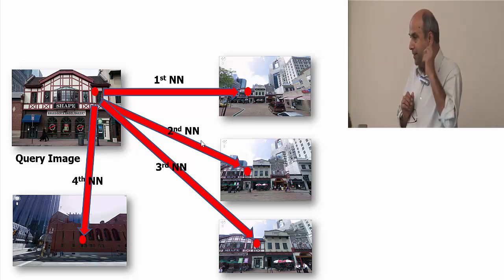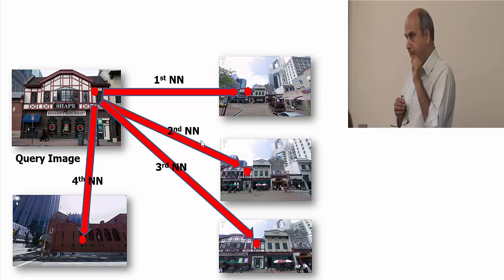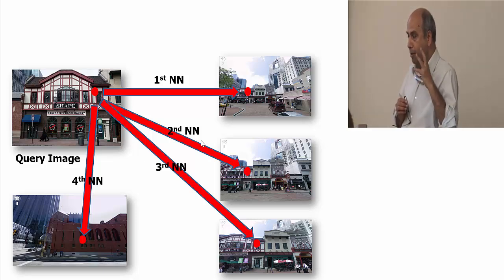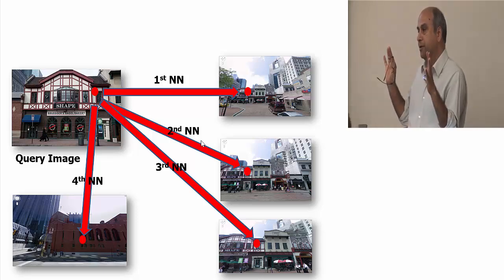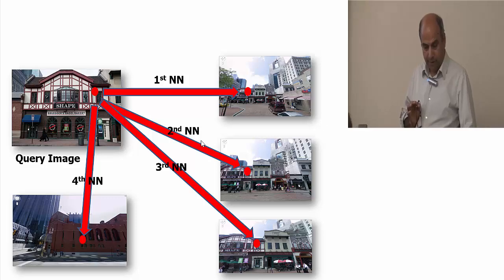If this ratio is less than 0.8, then the first nearest neighbor is a good match. If the ratio is not less than 0.8, then it's ambiguous and we are not going to select it. That's the idea of this.